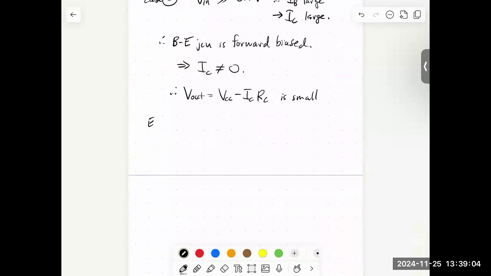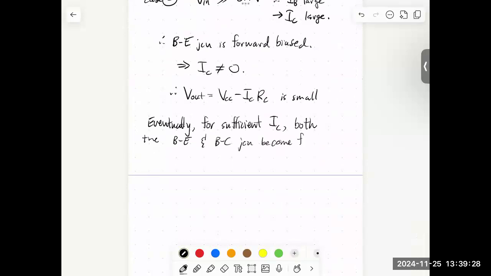So eventually, for sufficient IC, both the base emitter and base collector junctions become forward biased.